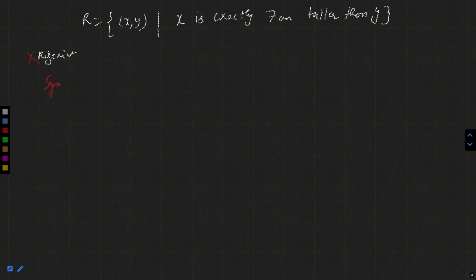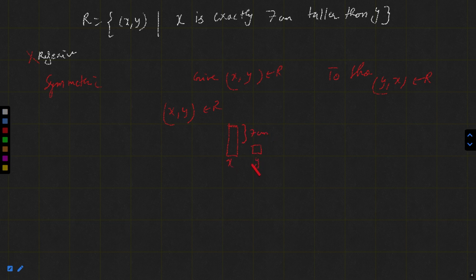Let's talk about the symmetric relation. For symmetric, what are we given? We are given (x, y) belongs to R, and we need to show (y, x) also belongs to R. So (x, y) belongs to R means x is taller than y, exactly 7 centimeters.